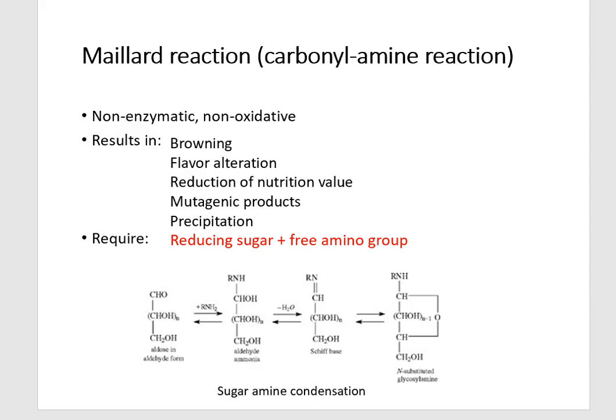And it results in browning, flavor alteration, reduction of nutritional value. Again, we have some mutagenic products, and some precipitation. You already learned about them. That reaction requires reducing sugar and free amino group. Okay, let's move on.